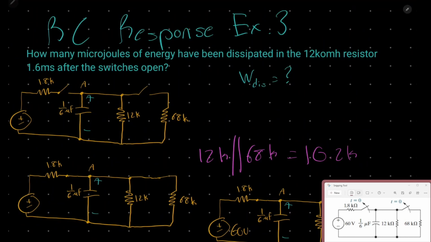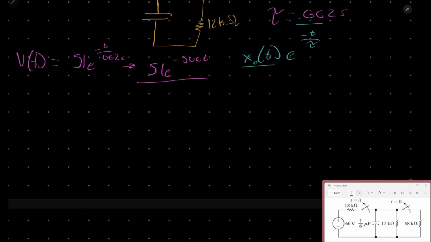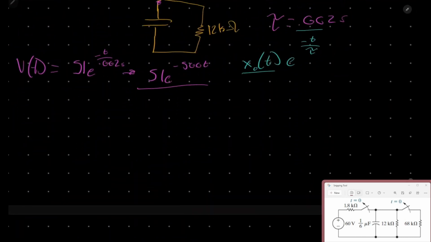Okay, so all we have to do is use this equation, E, which is our energy, equal to the integral of P dt. Because we want to remember that energy is simply the integral of power.